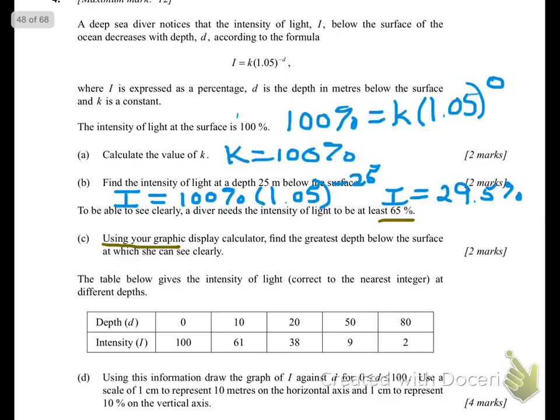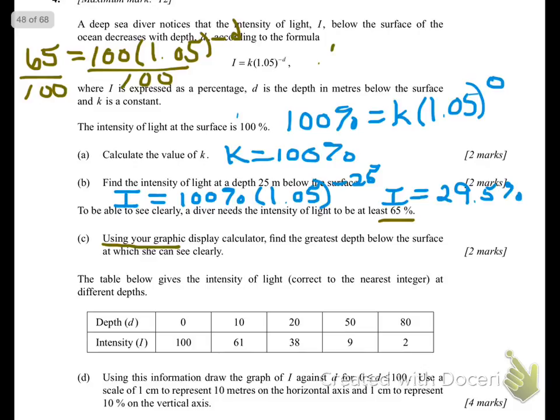So 65 is equal to 100 times 1.05 to the negative D power. Divide both sides by 100, and I get 0.65 is equal to 1.05 to the negative D.